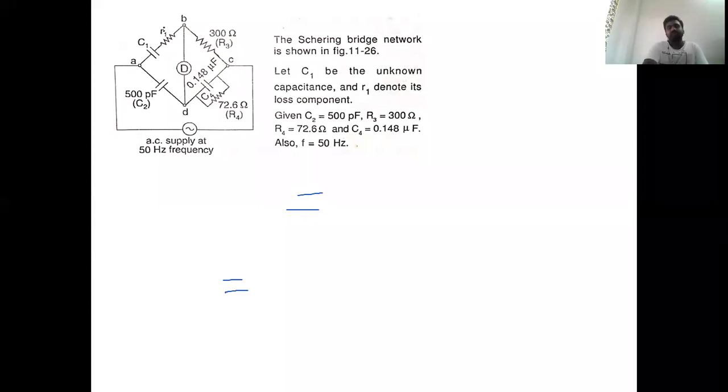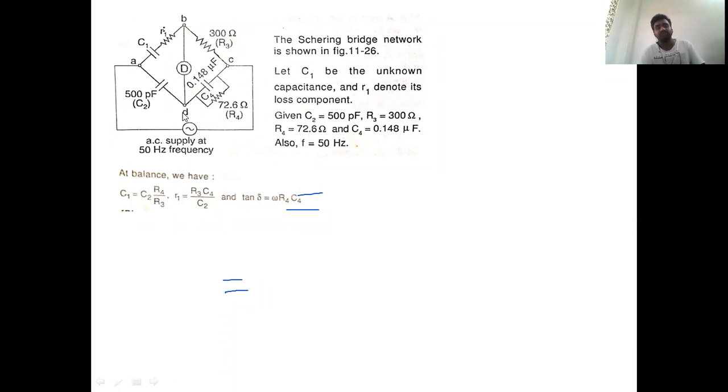We need to find the values of unknown capacitance, unknown resistance, and power factor. We know the expressions: C1 is equal to R4 C2 divided by R3, and R1 is equal to R3 C4 divided by C2.